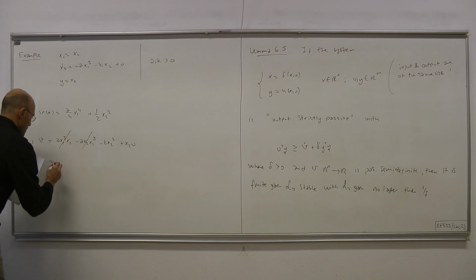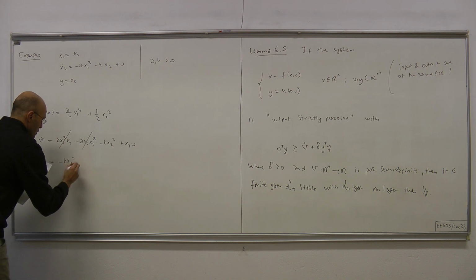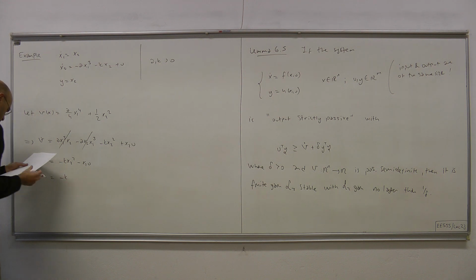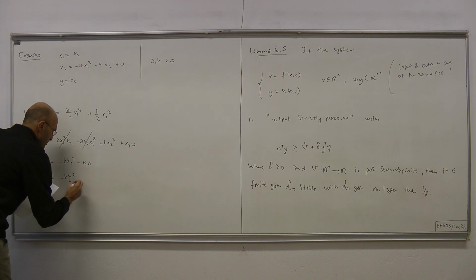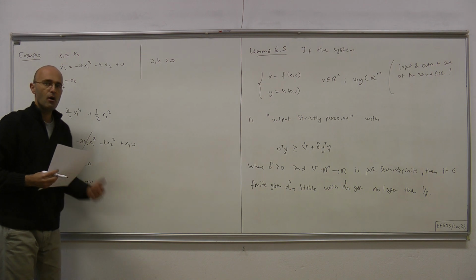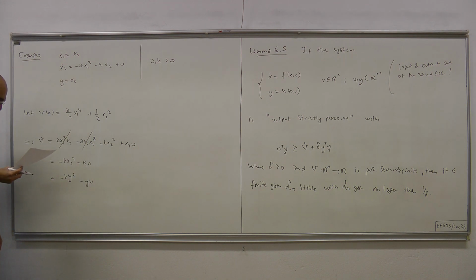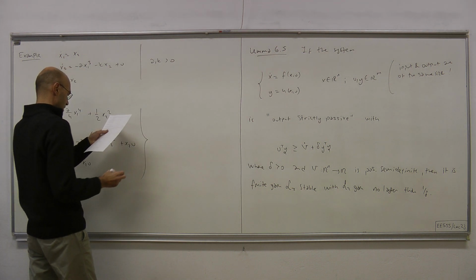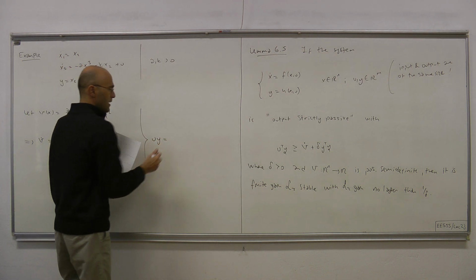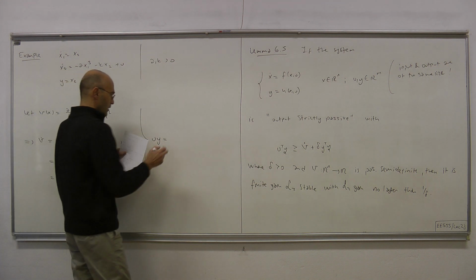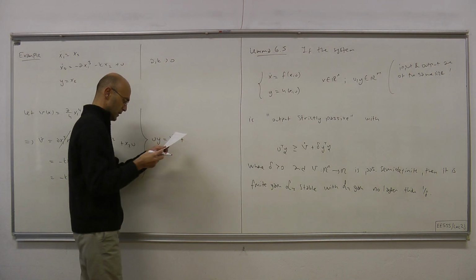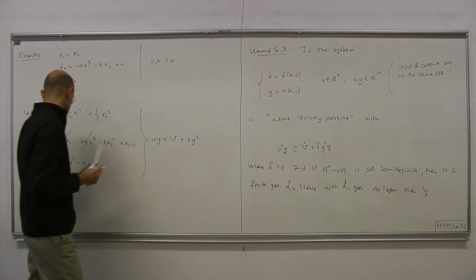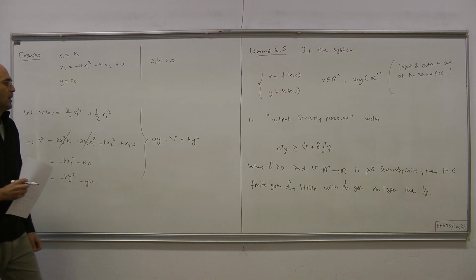What we have is minus k x2 squared plus x2 u, and that's minus k y squared plus the product of the output and the input. Okay. So therefore we have uy equals V dot plus k y squared.